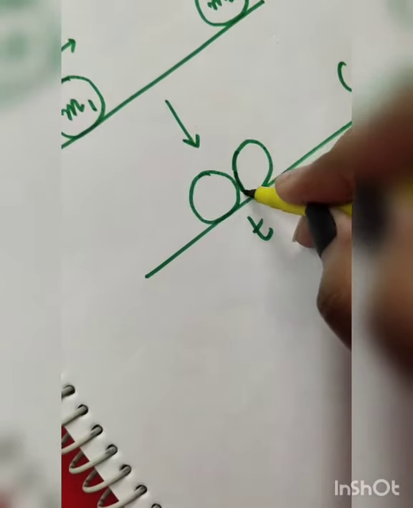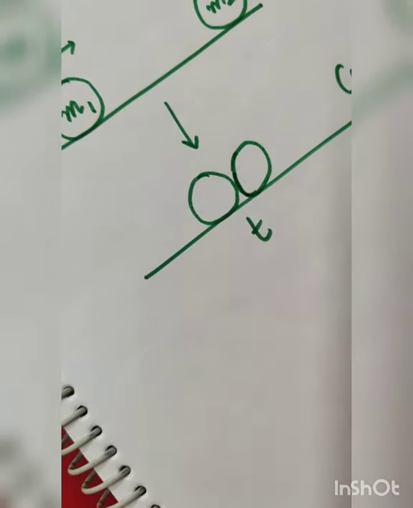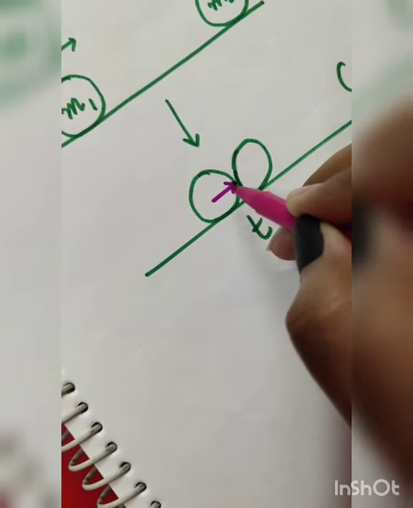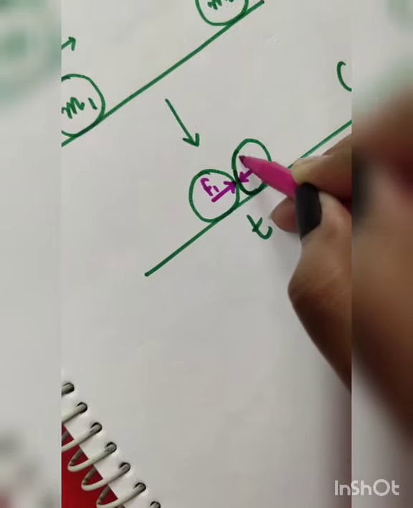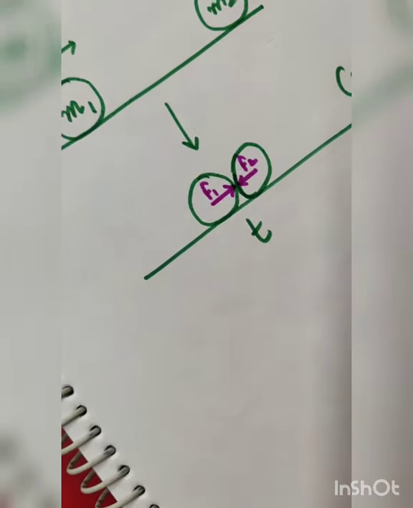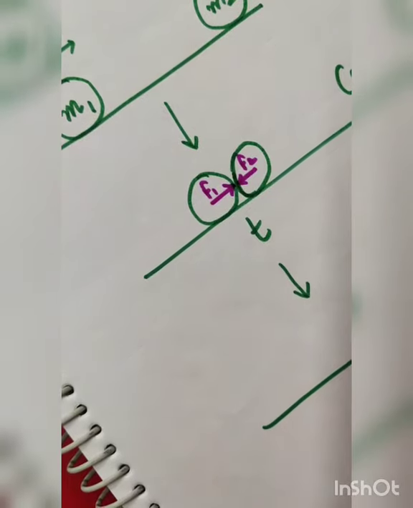T time is taken up in this collision. During the collision, both the objects applied some force on each other. Object 1 applied force F1, object 2 applied force F2. Now force 1 is acting in the same direction as the object moving, which will result in the increase in the velocity of the second object.